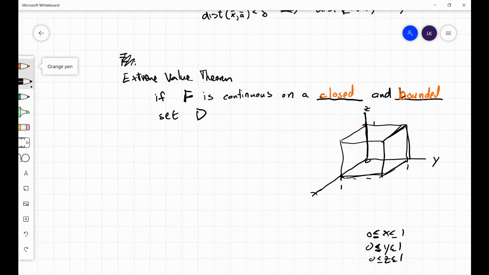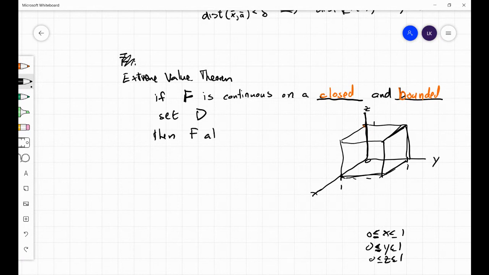So what happens if f is continuous in a closed and bounded set? There will exist a global maximum and a global minimum on that set, right?